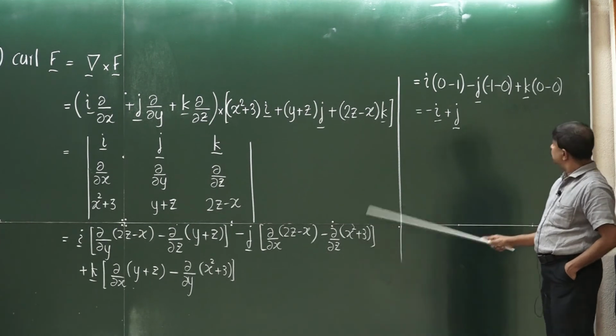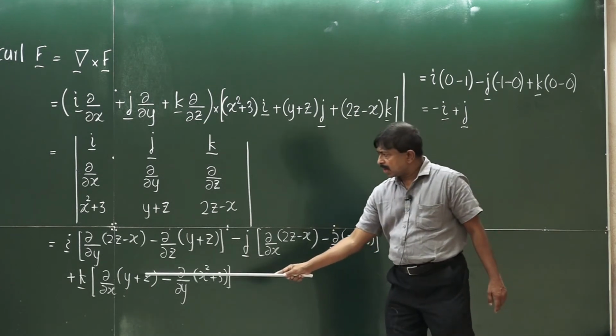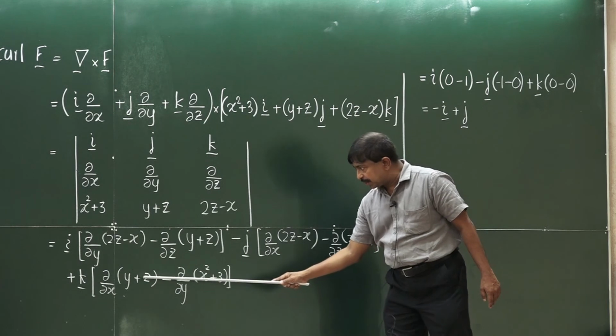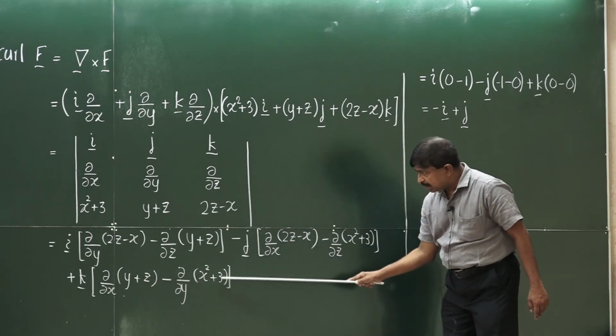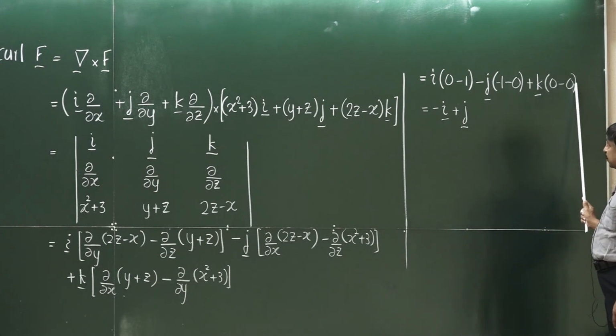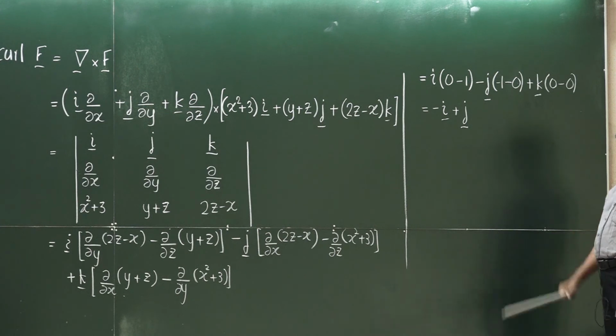Here it is 0, so we have here. Then the partial derivative of this is free of x, therefore, it is 0, this is free of y, therefore, it is 0 as well. Therefore, you have plus k times 0 minus 0. So, if you simplify this, you will end up with minus i plus j.